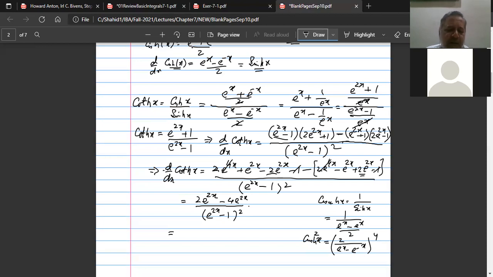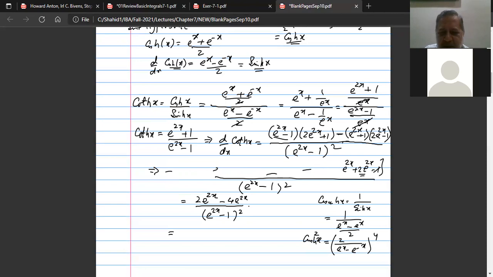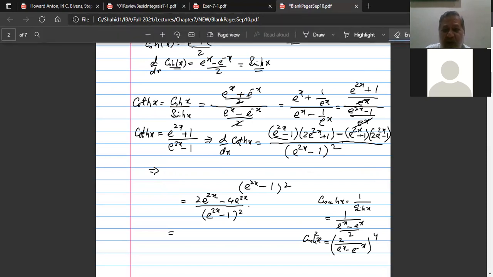Did you find the mistake? Not found? Since sir is doing it, it must be right, isn't it? Denominator is squared, denominator as it is, derivative of numerator. When I take the derivative of e power 2x plus 1, the derivative of e power 2x has come, but how did this 1 survive? 1 should not be there.